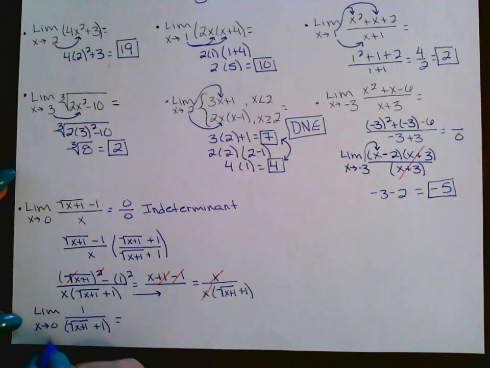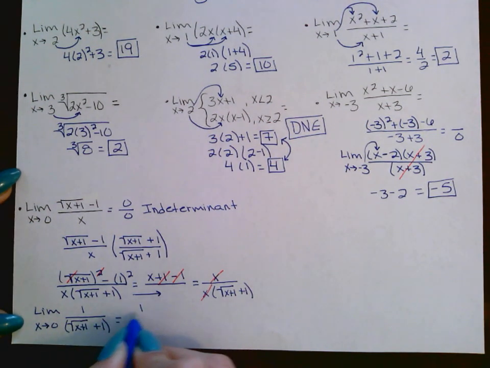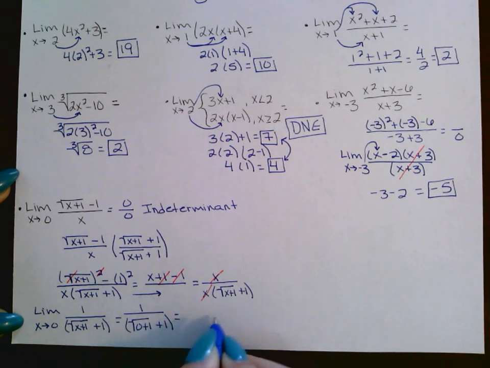So now when I plug in my limit, I can say this is 1 over square root of 0 plus 1, which gives me 1 over 1 plus 1, which gives me 1/2.